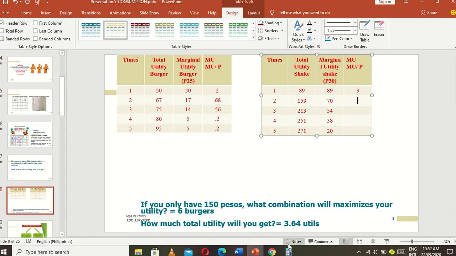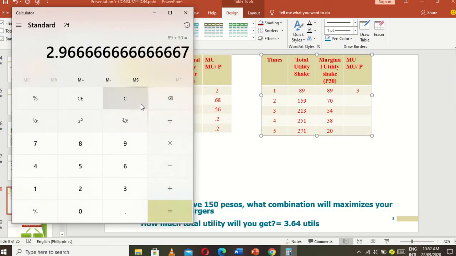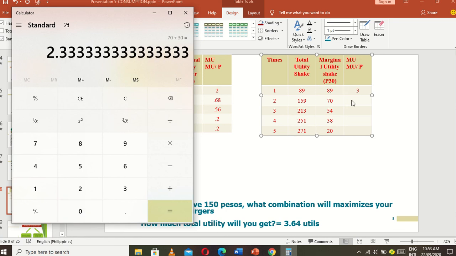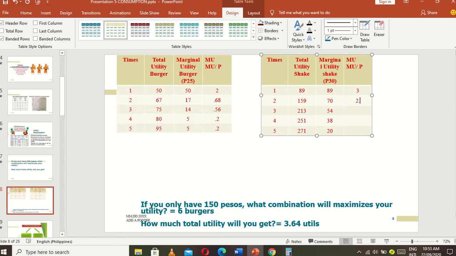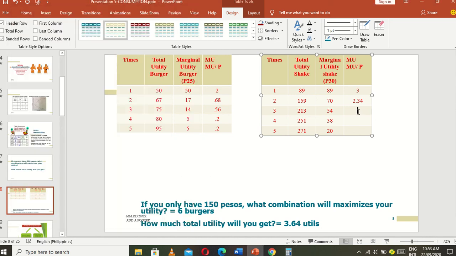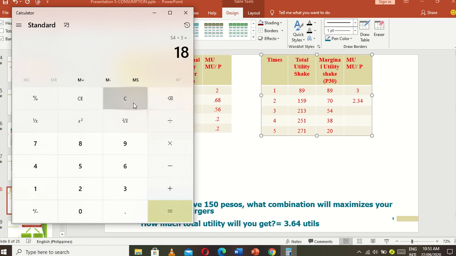Okay, next 70 marginal utility divided by the price. 70 divided by 30. So 2.34. Okay, next we have 54 divided by 30. That makes it 1.8.